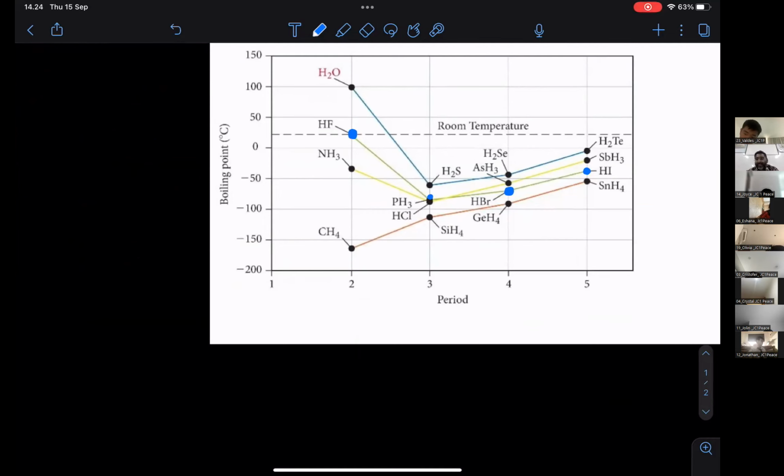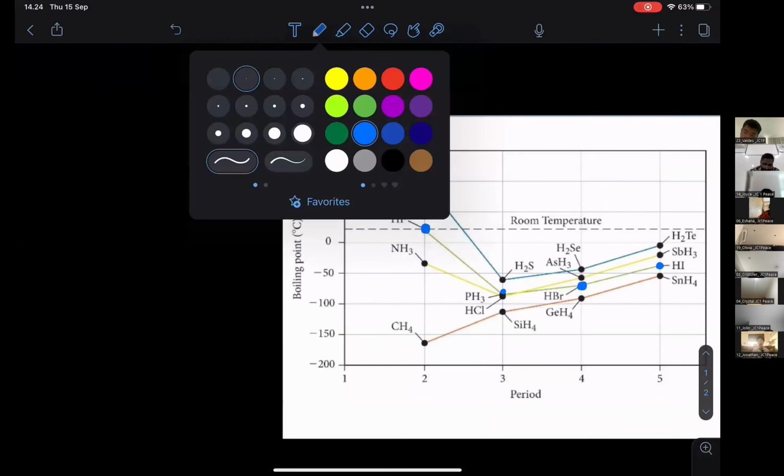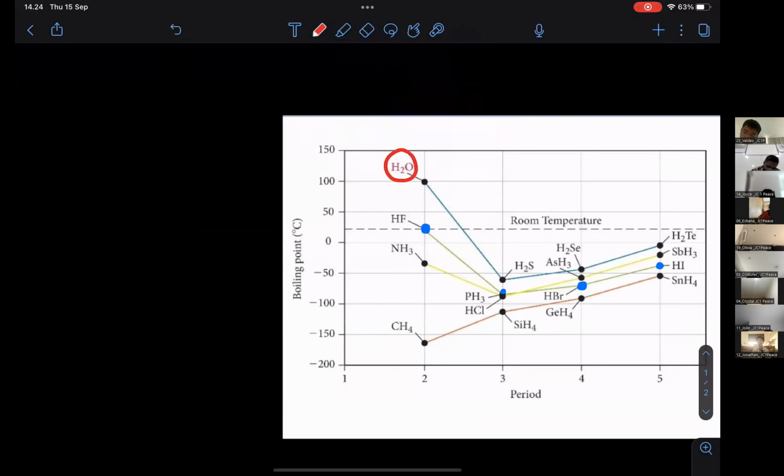Now, from this graph, I also want to explain a few things. Can you see H2O, HF, and NH3? Just now, Jonathan, Kevin, can you tell me on average how many hydrogen bonds H2O can form?